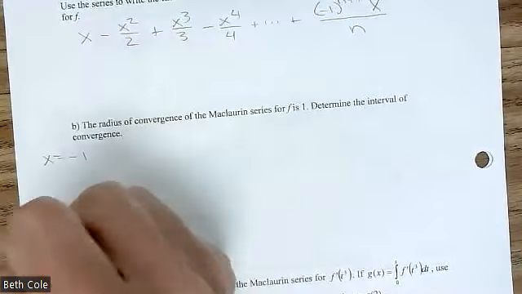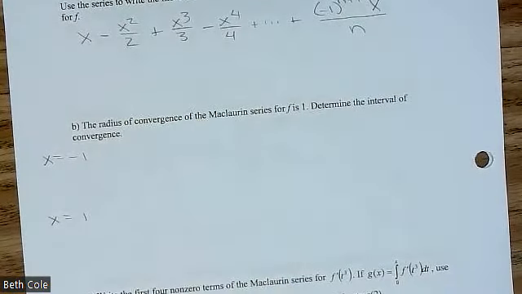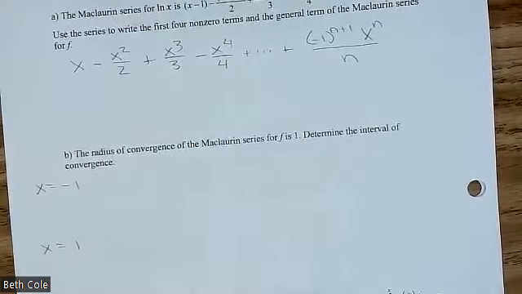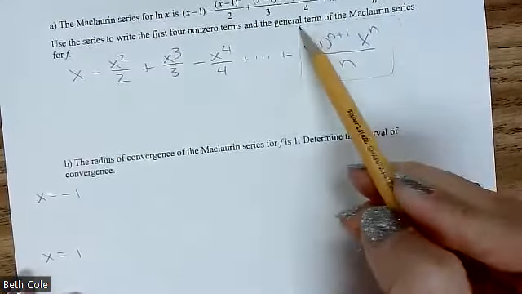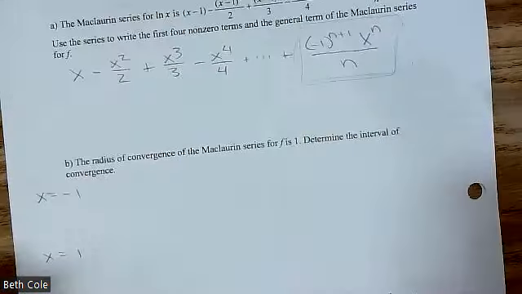All right, this one, we're told the radius of convergence is 1, determine the interval. Okay, so that means we're going to test -1 and +1 and just see what we can include. So we're going to plug in -1. Now, unfortunately, if you don't get part A, then you can't do part B. But this was a pretty simple thing to get in this case, and it's like that on your test too.